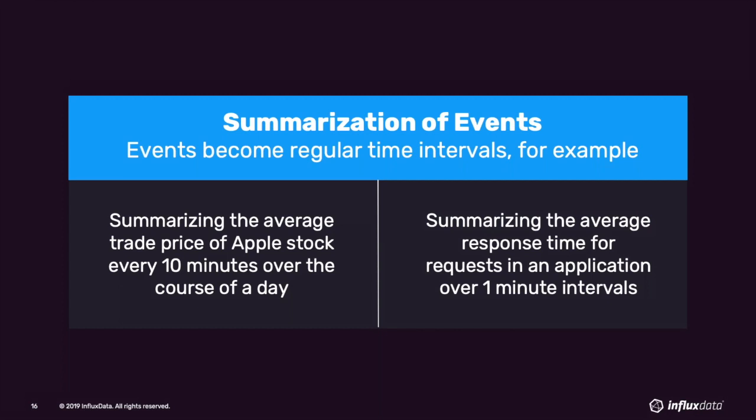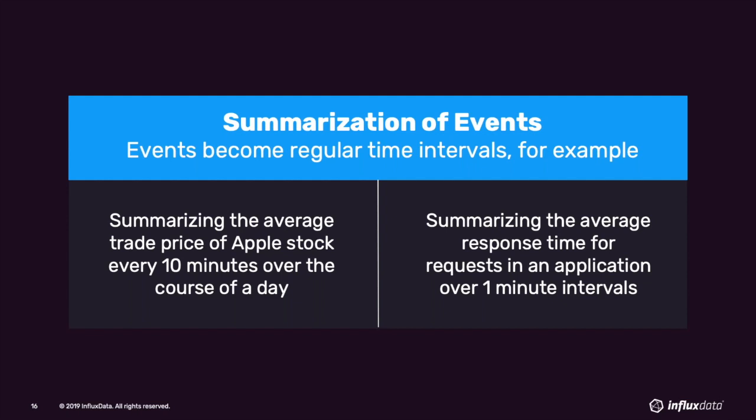What we can do is take those events and turn them into metrics. For example, if we're tracking all the changes to Apple stock, that's going to happen over irregular time series data points.